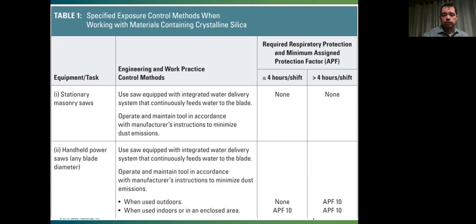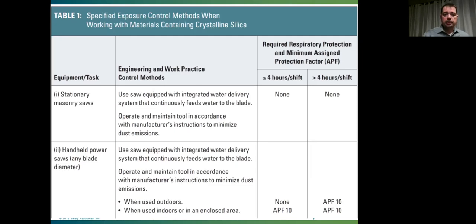If the outdoor shift goes to greater than 4 hours, the APF 10 requirement kicks in. That means a respirator with an assigned protection factor of at least 10 would have to be used to protect that employee from exposure to that particular material.